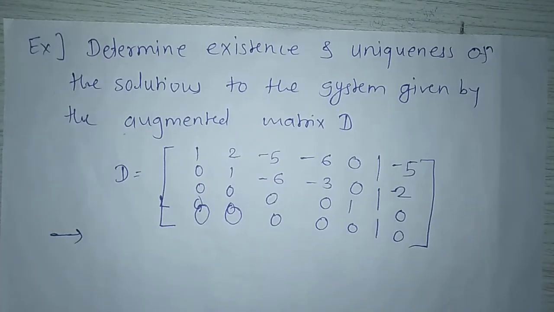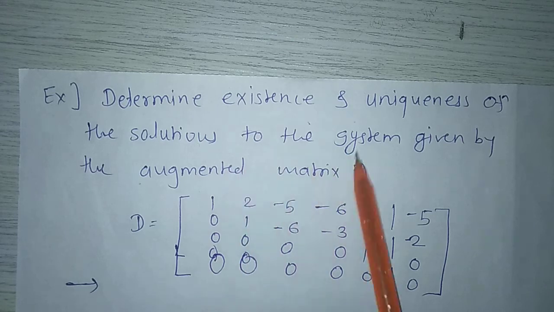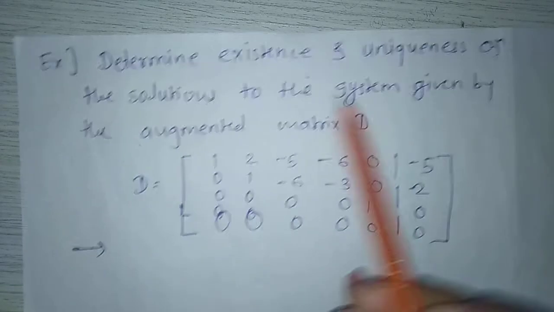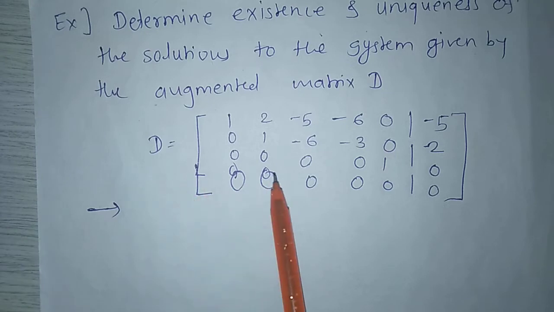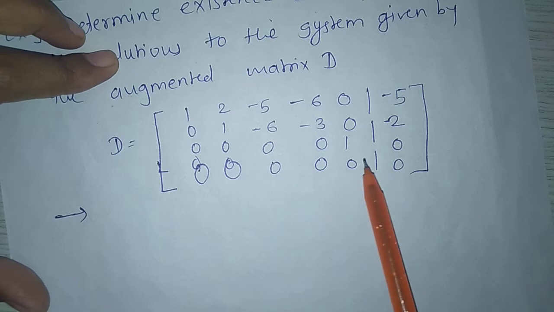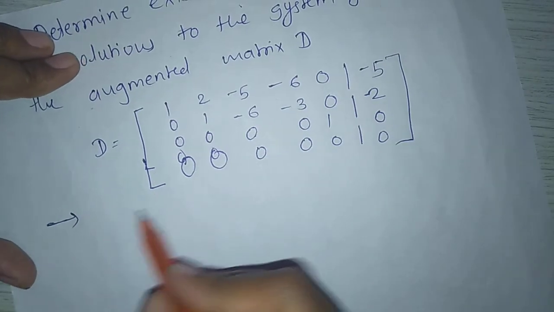Next example: determine existence and uniqueness of the solution to the system given by the augmented matrix D. The matrix is A augmented B, where A is the coefficient matrix and B is the column matrix of the constants.